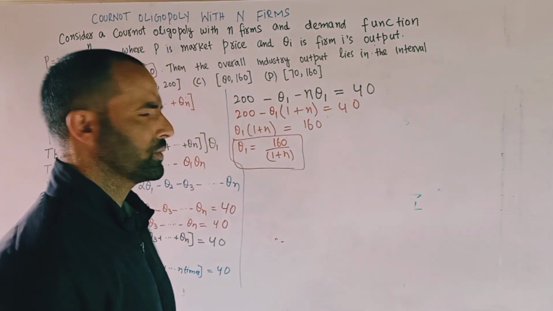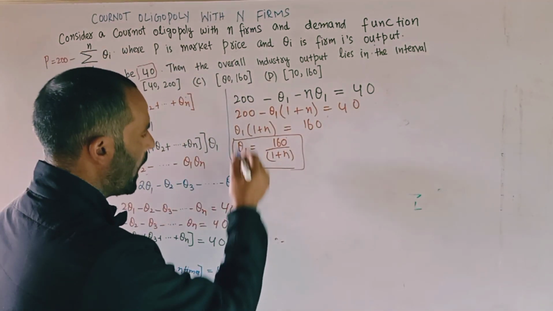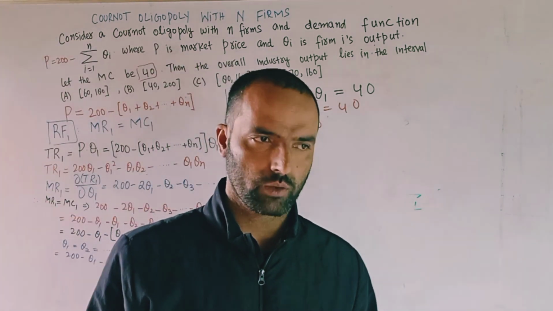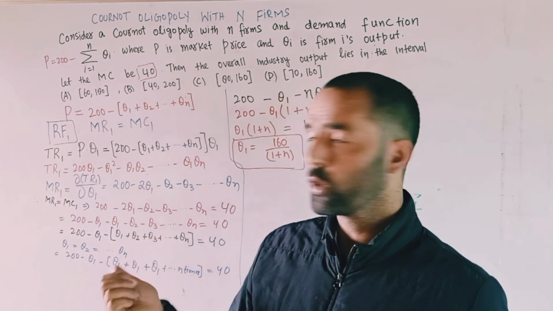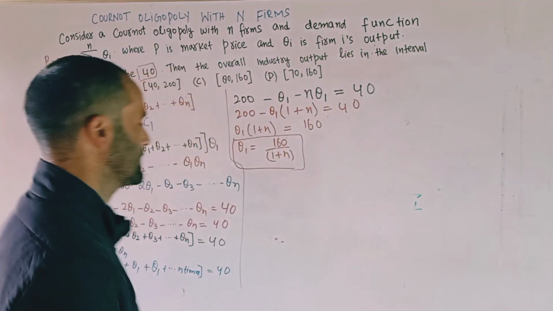But we are concerned with n firms. Remember, this Q1 denotes the output of firm 1. Since firms are identical here, the output of each firm will be equal to 160 upon 1 plus n.